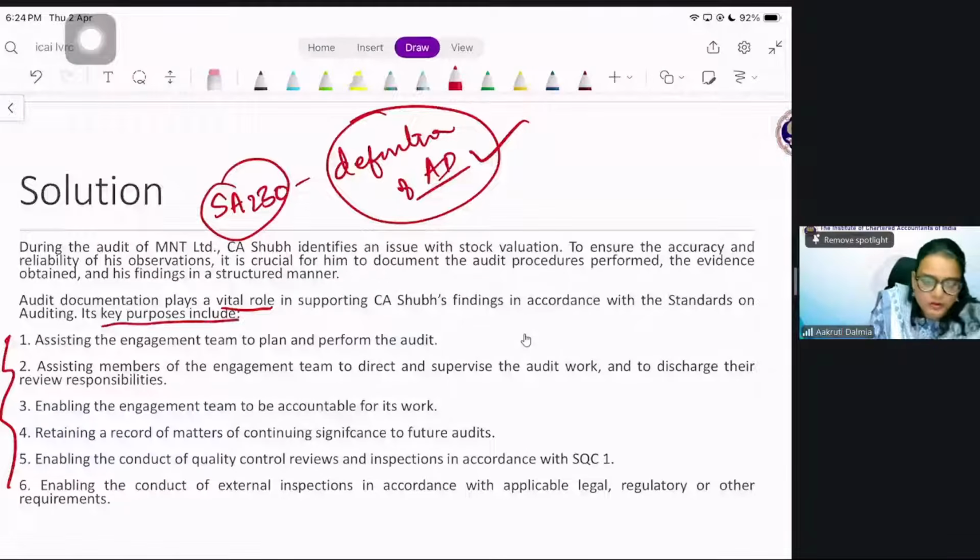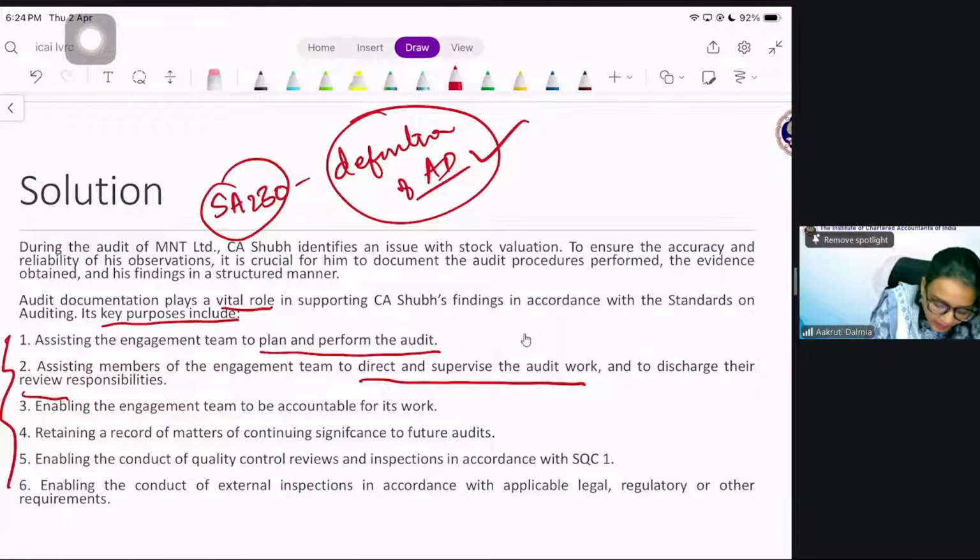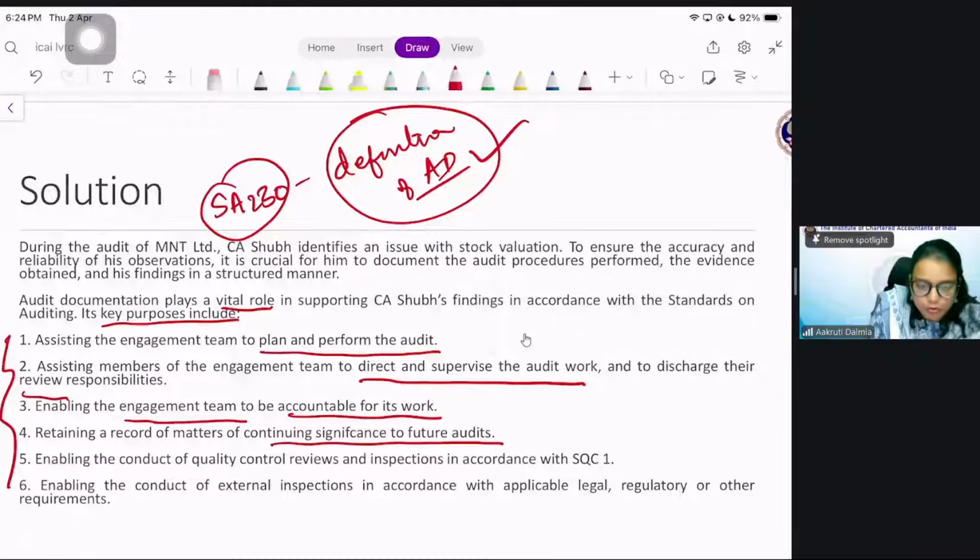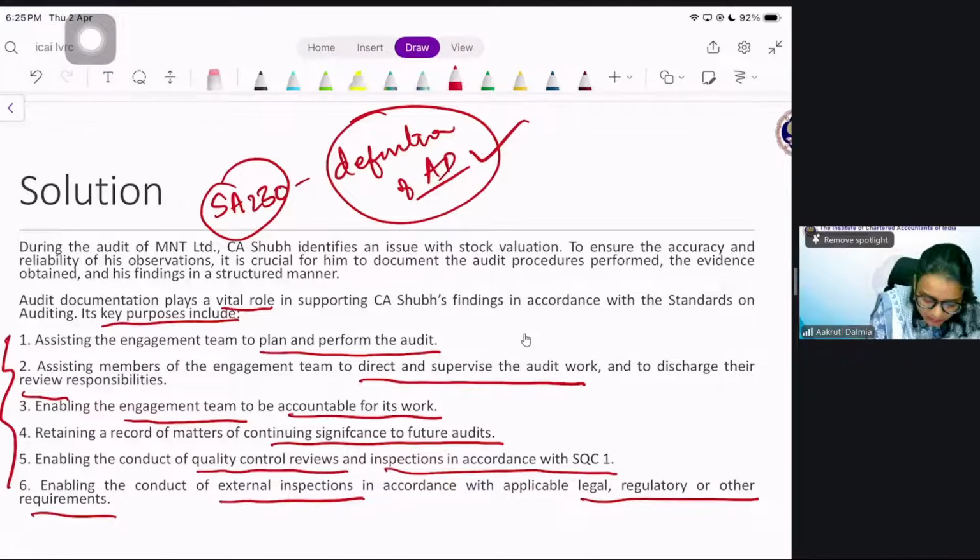Its key purposes include assisting the engagement team to plan and perform the audit, assisting the members of the engagement team to direct and supervise the audit work and to discharge their review responsibilities, enabling the engagement team to be accountable, retaining a record of matters of continuing significance to future audits, enabling the conduct of quality control reviews and inspections as per SQC 1, enabling external inspections as per legal, regulatory and other requirements.